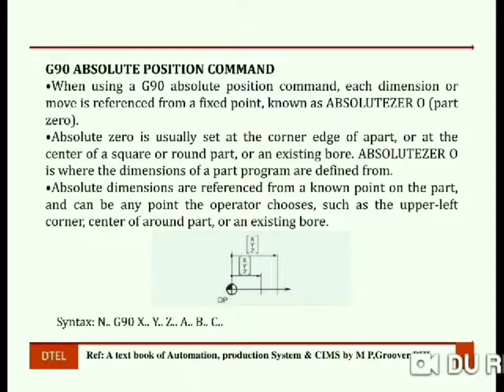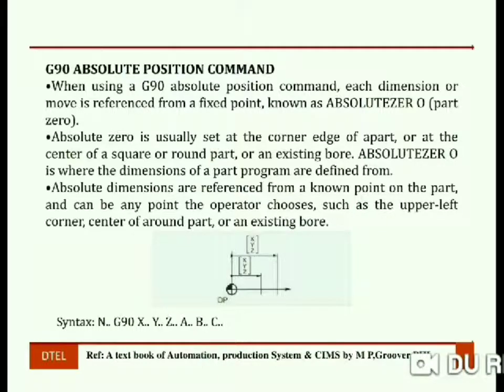So absolute dimensions are referenced from a known point on the part and can be any point the operator chooses, such as the left upper corner, the center of a round part or existing part.